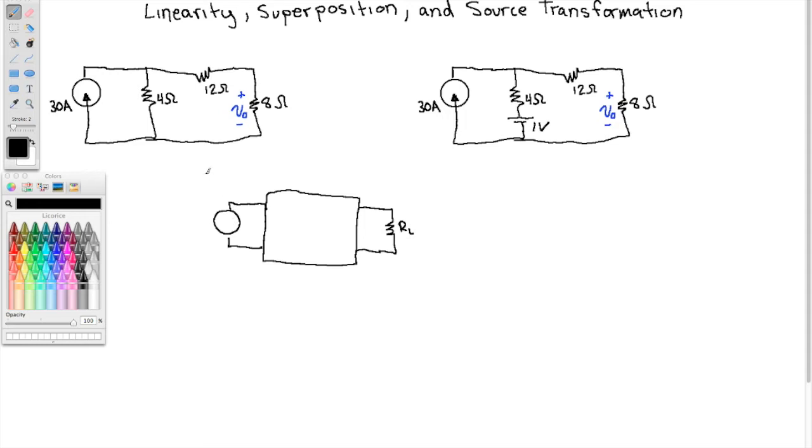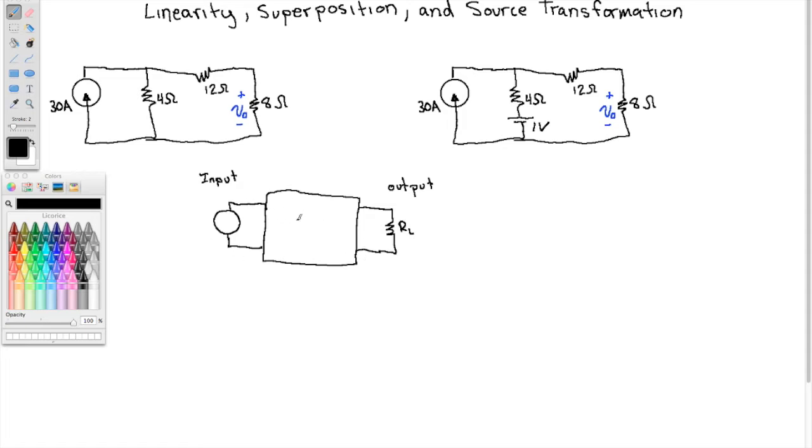So we'll just say that this is the input over here, and the output over here. And of course, the input doesn't have to be to the left, or the output to the right. But just for the sake of drawing it, this is what I've got. So this is typically what a circuit can be modeled as.